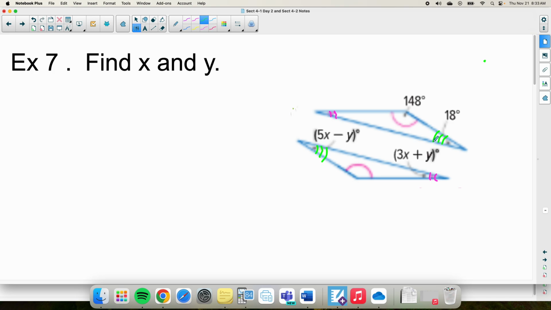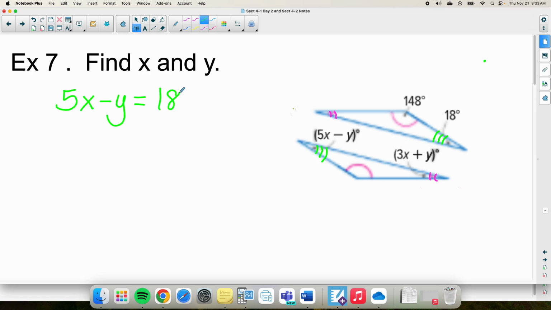So one of our equations is going to be 5x minus y equals 18. And we can't solve that because we have an x and a y in it. When you have an x and a y in your equation, you need a second equation to be able to solve the first one, okay?